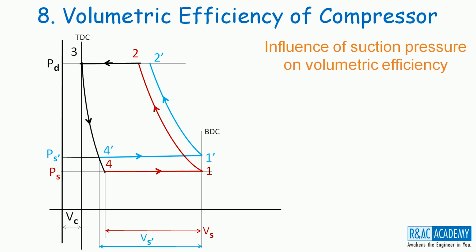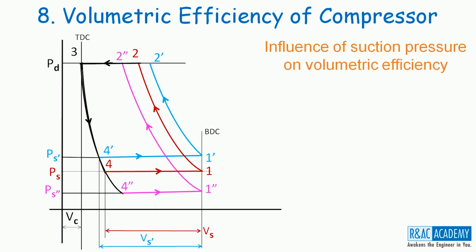Let us now decrease the suction pressure from Ps to Ps double dash. That means the new cycle is operating now between Pd and Ps double dash, and the new cycle will be 1 double dash, 2 double dash, 3 and 4 double dash.